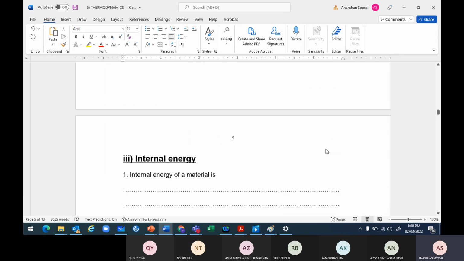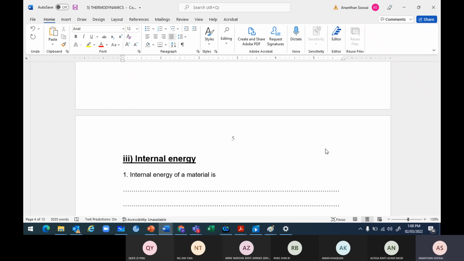So recall what internal energy is. It is the sum of kinetic and potential energy possessed by all the particles in the substance due to random motion. Kinetic energy is proportional to thermodynamic temperature: temperature rises, kinetic energy rises.